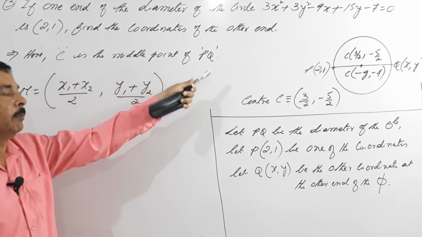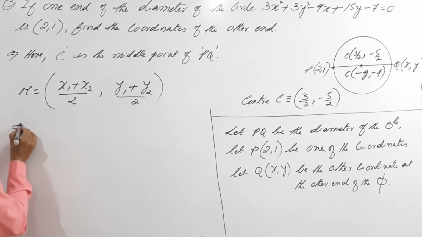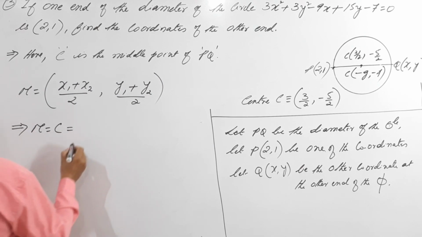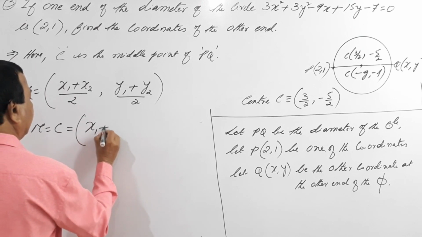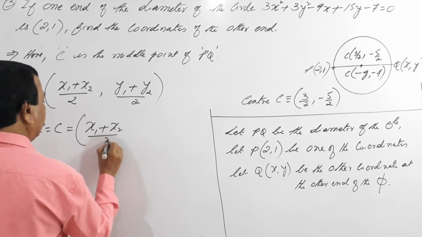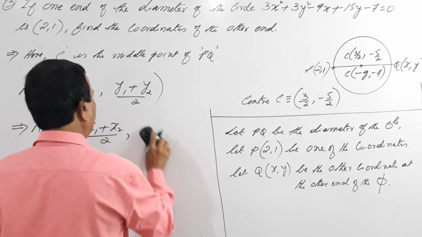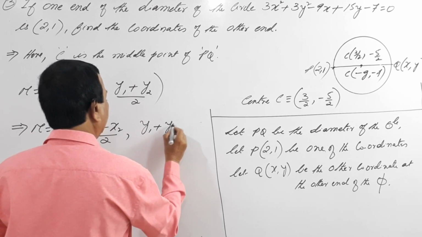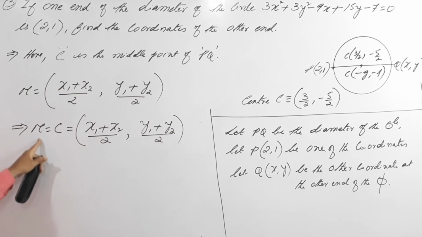C is the middle point of PQ, so I can replace this.